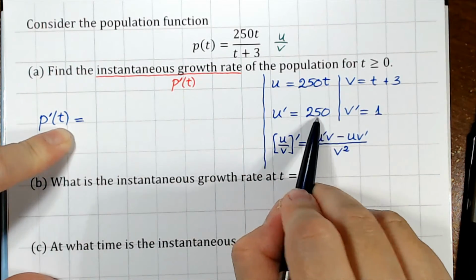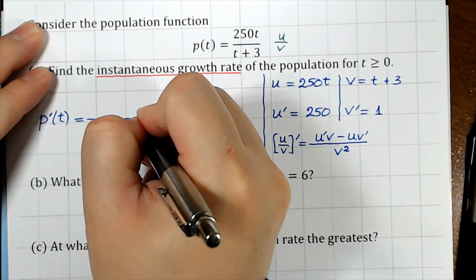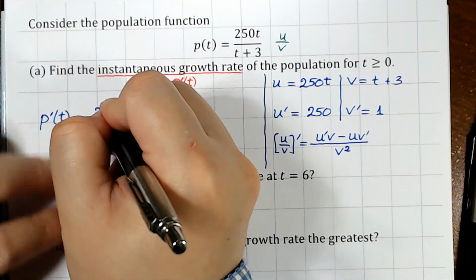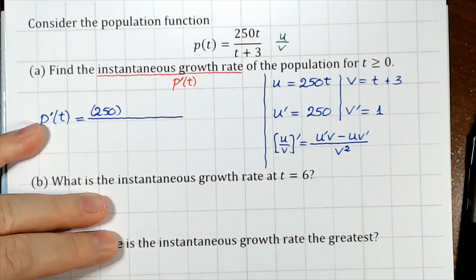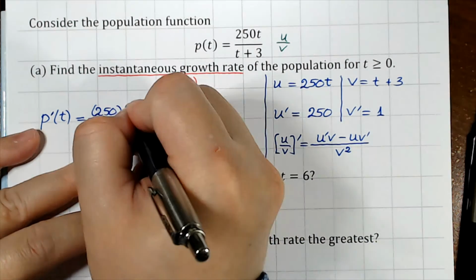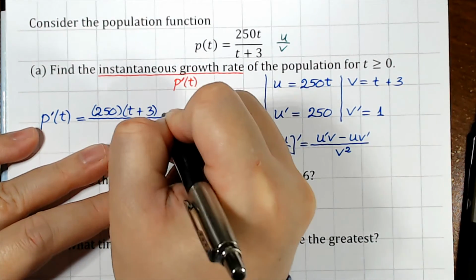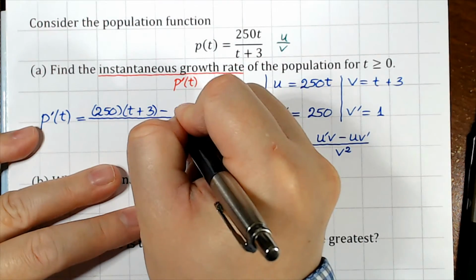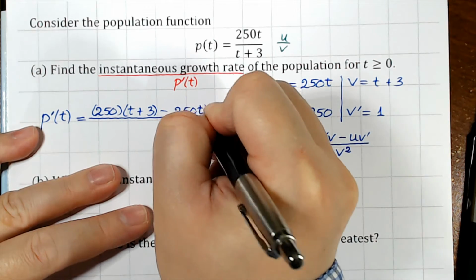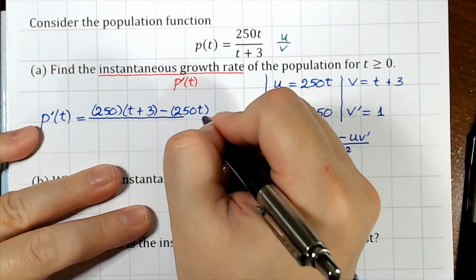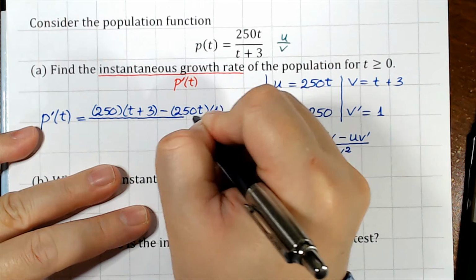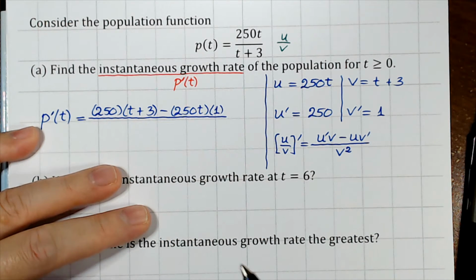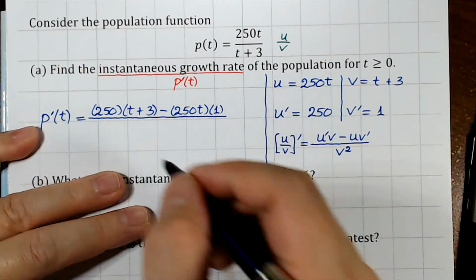So u prime v: u prime is 250 and v is t plus 3, minus u v prime, where v prime is 1, over v squared, t plus 3 squared.